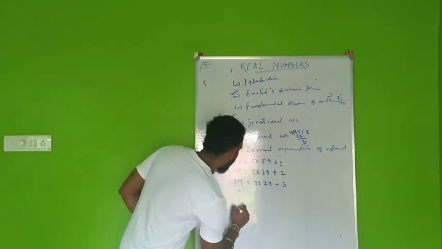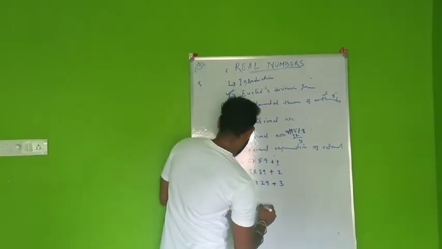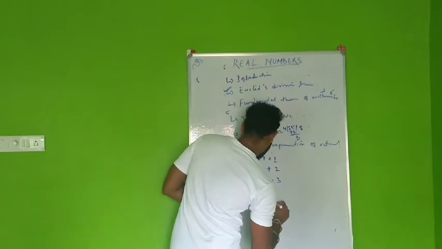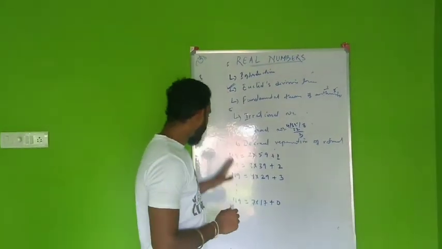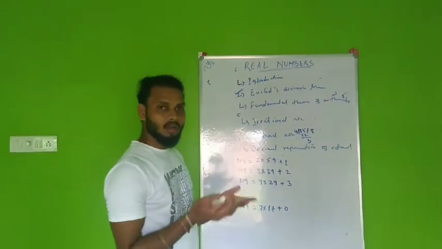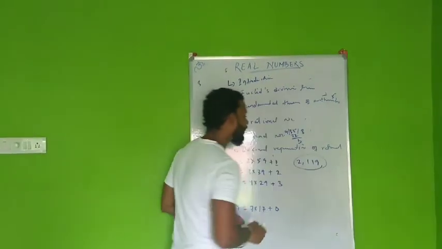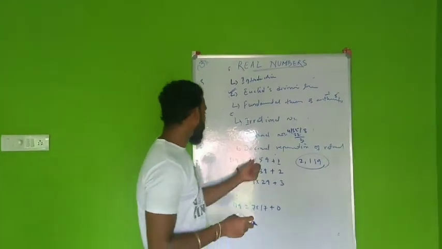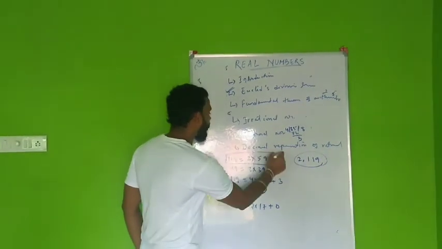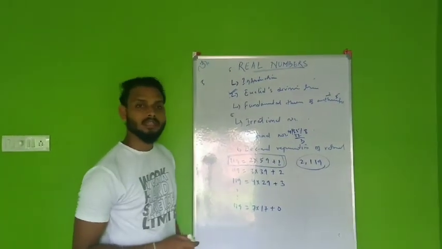Similarly, 119 can be written as 7 into something plus a remainder. So if I have two numbers, 2 and 119, I can write 119 in terms of 2 in this form. This is actually a particular case of Euclid's division lemma.